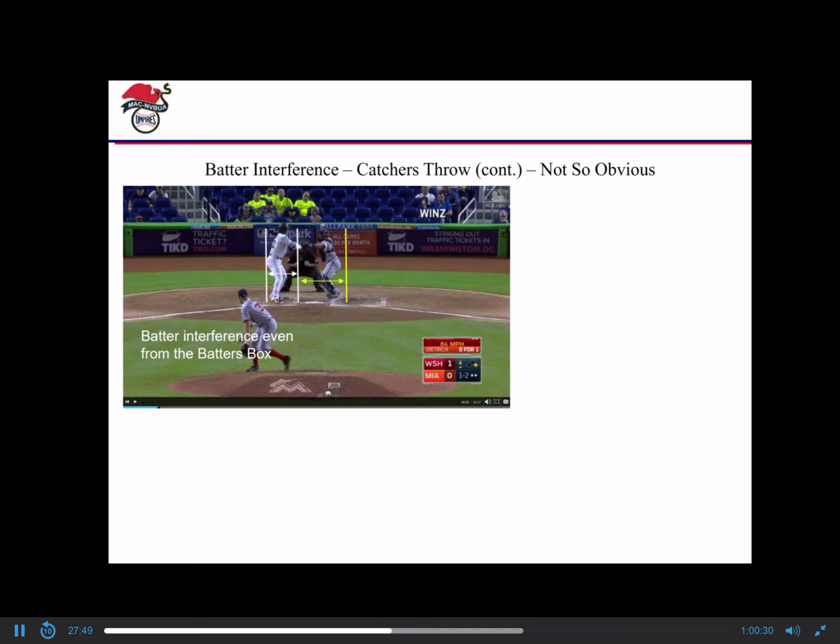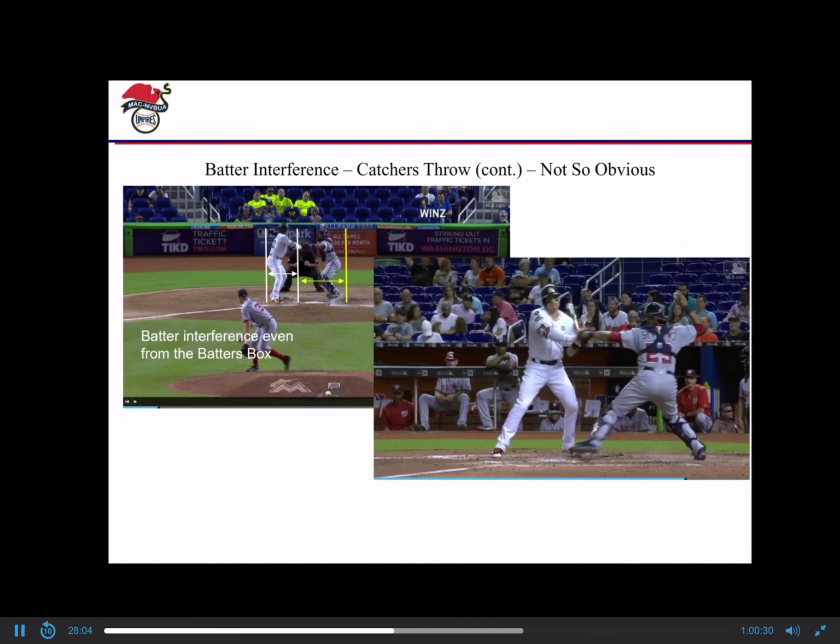As you can see, our batter is in the batter's box, and even though he's in the batter's box, there is still an opportunity for the batter to interfere with the catcher's ability, in this particular case, to put out a runner advancing to a base. Here's a profile view. Our batter is still in the box. Catcher comes up. He's going to make a throw down to a base.